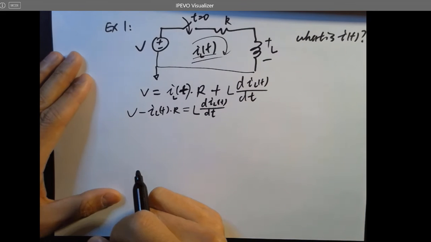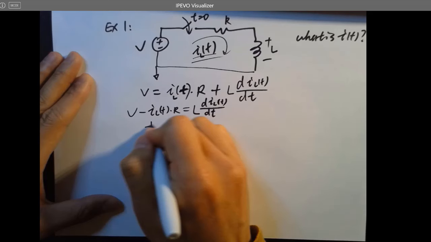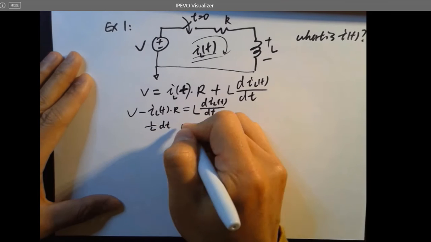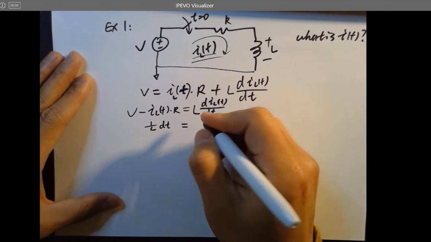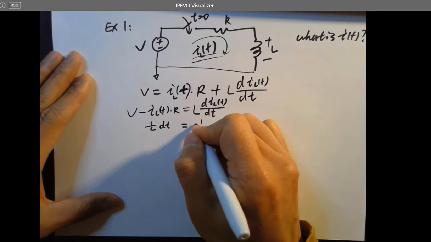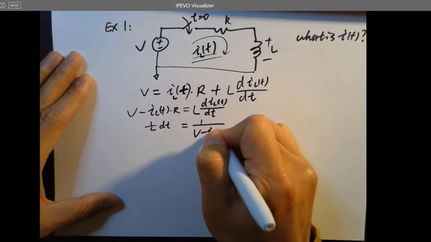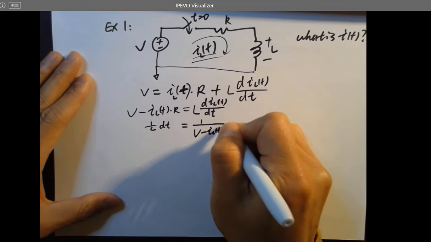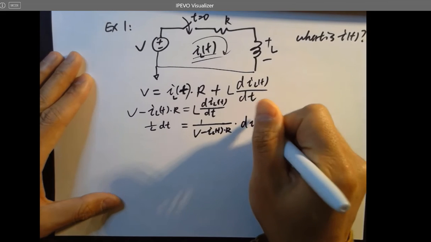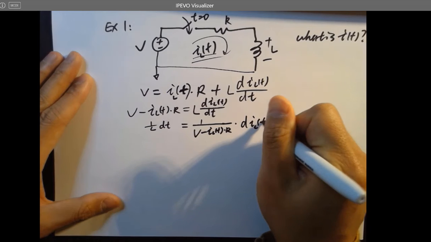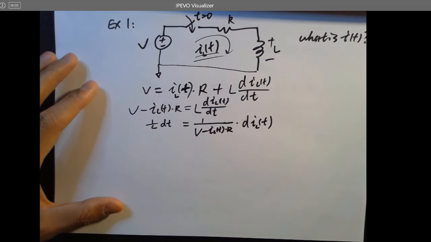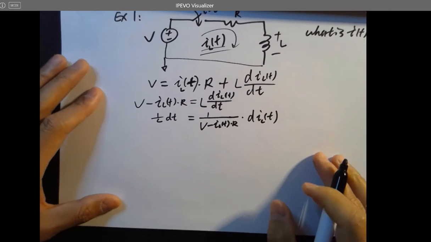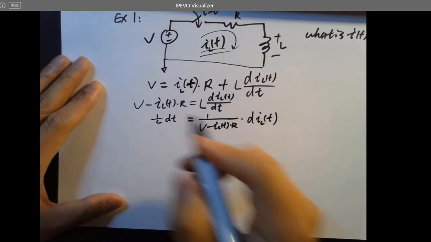So it looks like 1 over L dt equals 1 over (V minus I_L(t) R) times dI_L(t). Okay, so this is what we have now, and let's integrate both sides.